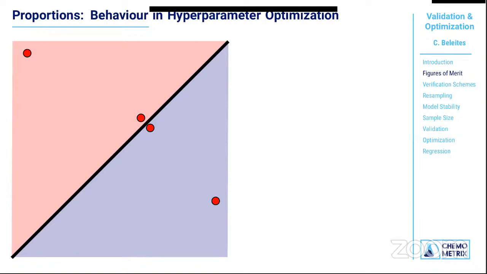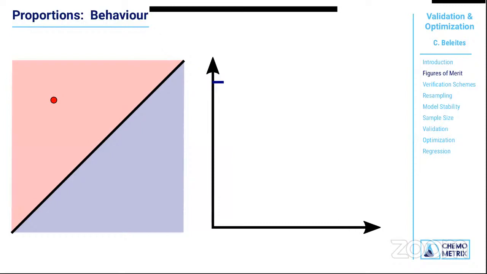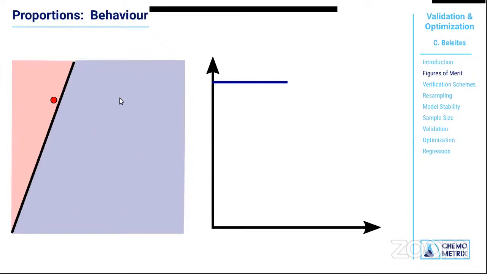Now, let's have a look at what our proportions are doing here. So we have some kind of hyperparameter along the x-axis that at the initial setting leads to some kind of performance, and this is the classifier we get, and here's our test case. Now we do something to the hyperparameter, so the class boundary moves, our case stays where it is, but see what happens.